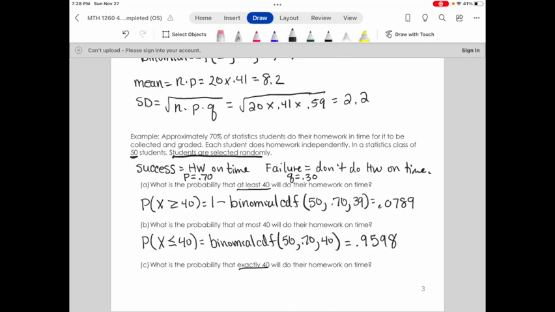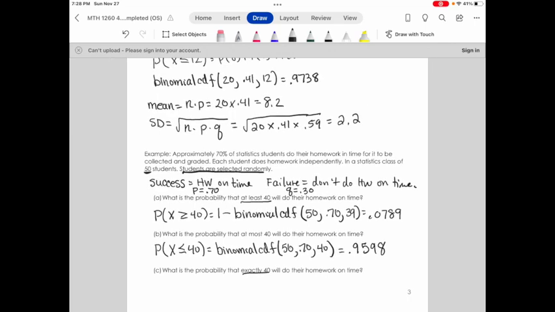So now we're looking at not a bunch of numbers, just one specific value. We want 40 successes. So that means we're looking at this: the probability that X is equal to 40, which means we're looking at the PDF function, not the CDF. We want just that specific value.